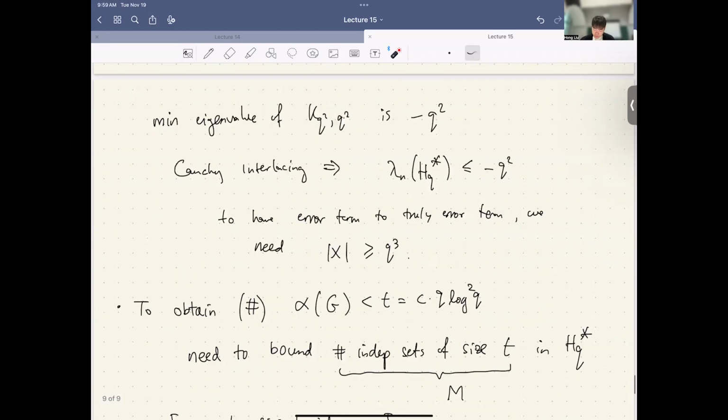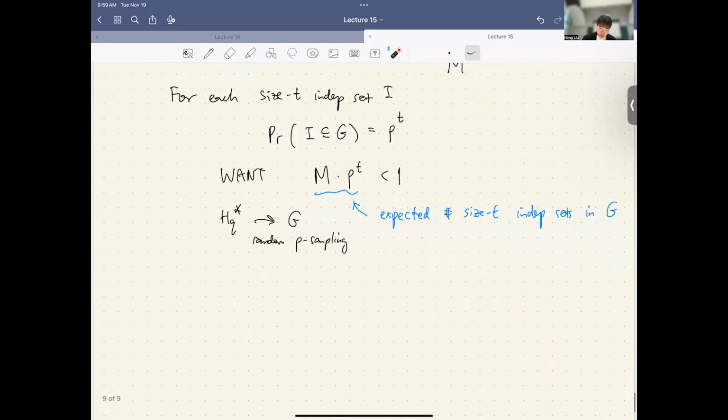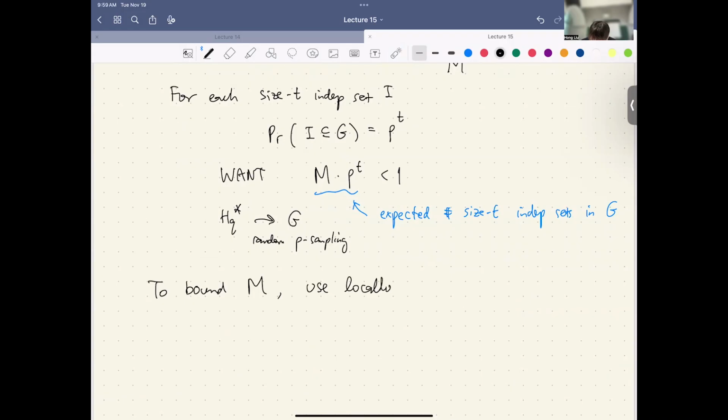So this is achieved, to bound M, we use local denseness of HQ star and the Kleiman-Winston container theorem.